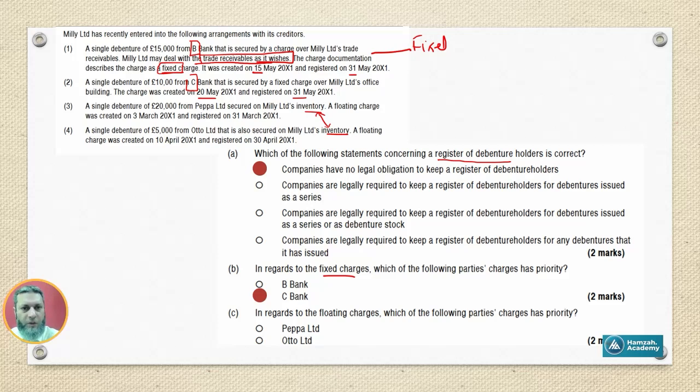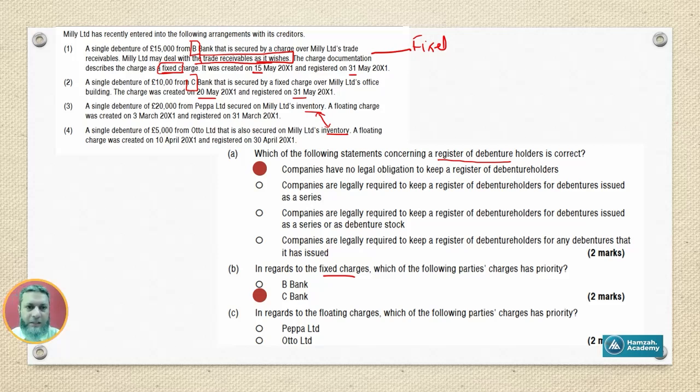Similarly, for trade receivables, if the borrower is allowed to convert the receivables into cash, use that cash as they see fit and pay us on the due date, then that is fine. It is the floating charge. But if the condition is that whenever the trade receivables mature you have to give the amount to the creditor, then the same trade receivable will become the fixed charge.